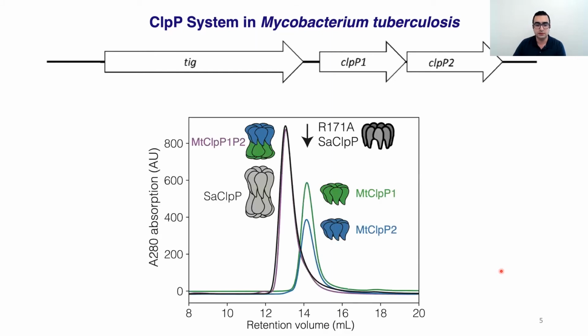And if you run them on a sizing column, ClpP1 and ClpP2 elute basically as heptamers, not a tetradecamer. You basically get a half ClpP ring. And we know this because this co-elutes rather nicely with the Staph ClpP that I talked about earlier, that is well characterized. And this mutation R171A in Staph ClpP leads to the dissociation of the tetradecamer into a heptamer, and these basically all co-elute.